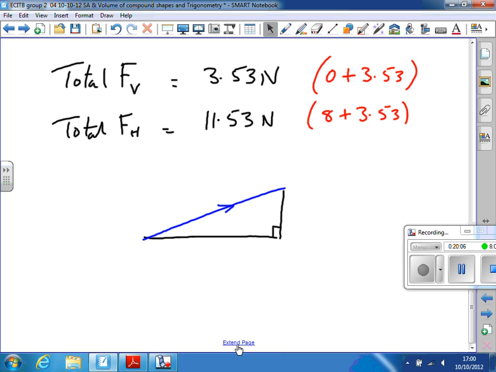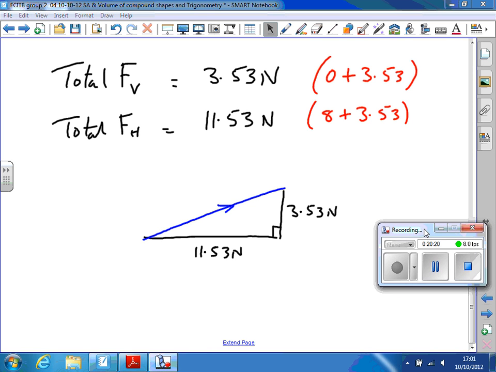So in other words, 3.53 newtons this way and 11.53 newtons this way. What I need to do now is to find R, that's the resultant, and also the angle theta, which is its angle from the 8 Newton force. So how do I find R and theta in this triangle?